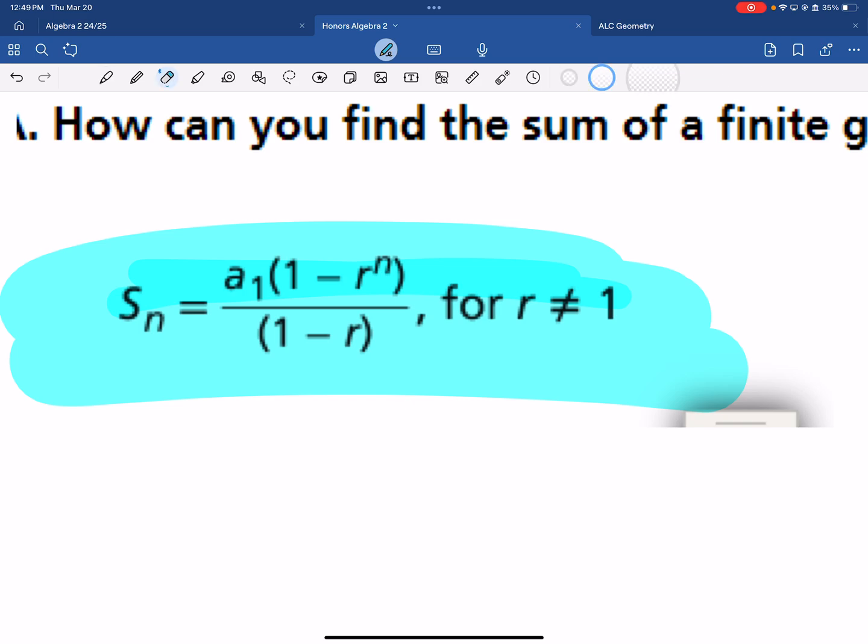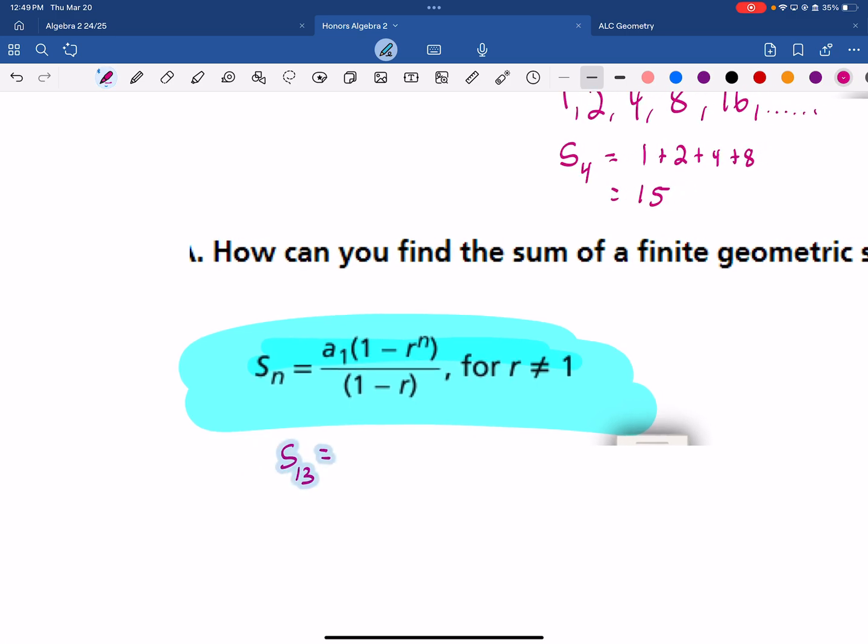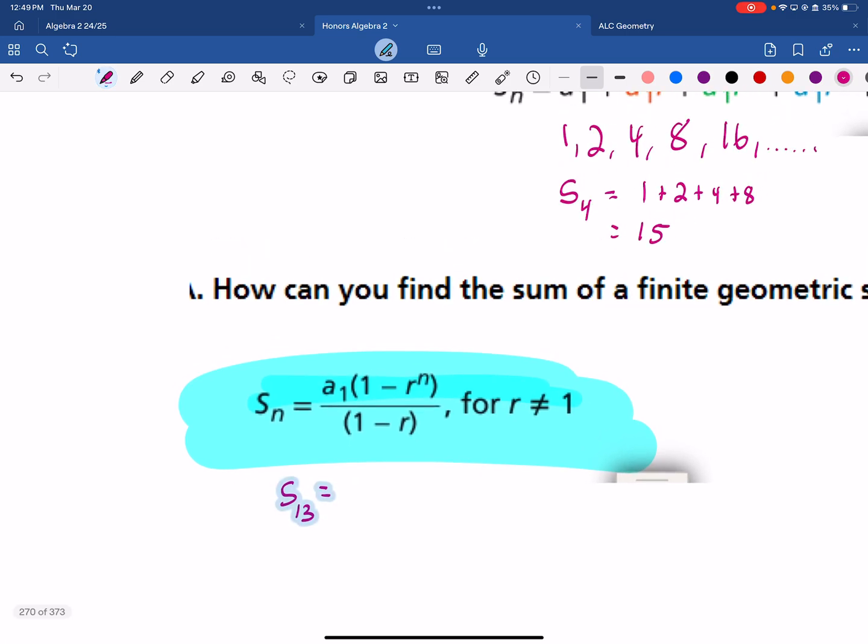So I said the 13th term up there. If we're going to find the sum of the first 13 terms of the sequence that I had above, we know the a of 1 value. It's given to us. It's not always going to be given to you. Sometimes you'll have to find it. But we know that a of 1 is 1. We go 1 minus our ratio to the n.